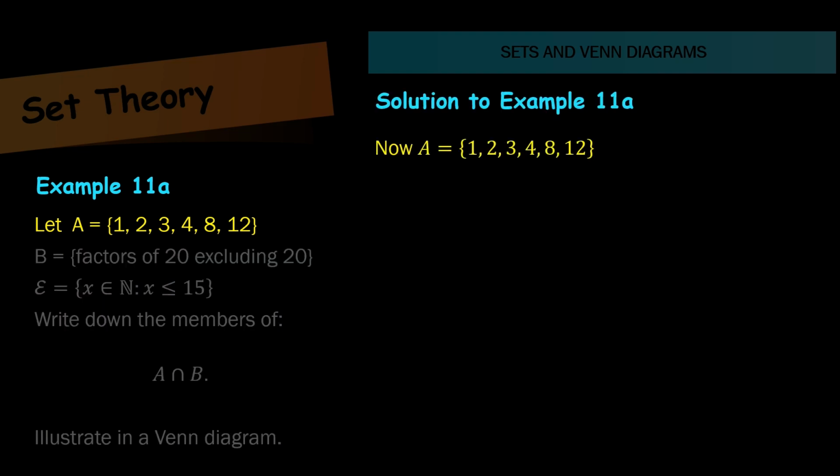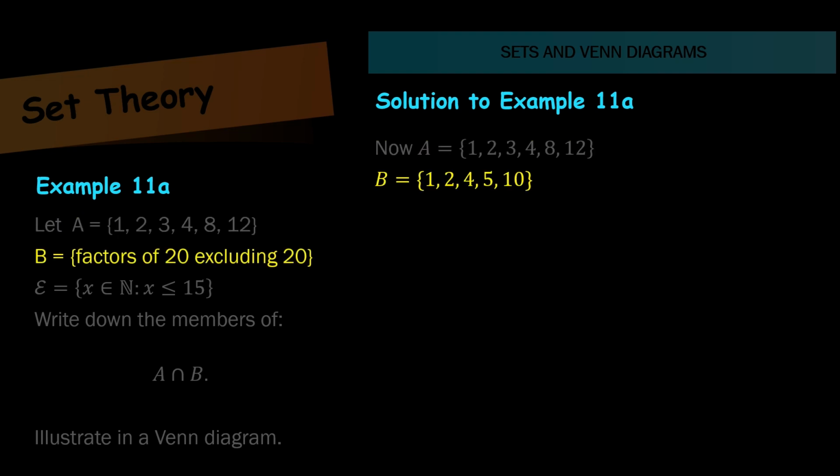So let's solve this. So we have the set A as shown. B, the factors of 20, is equal to the set of numbers 1, 2, 4, 5 and 10. The universal set consists of the natural numbers x such that x is less than or equal to 15.